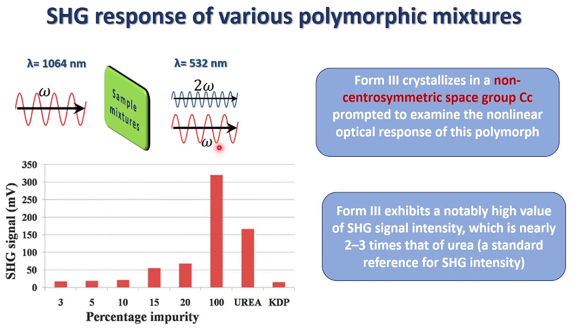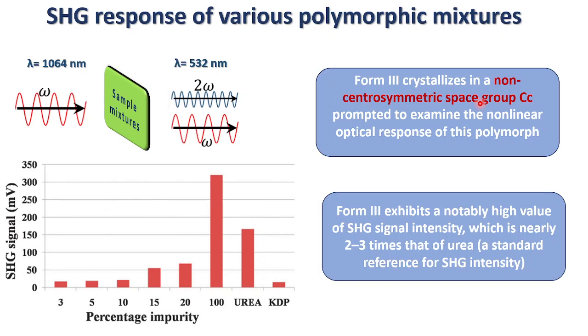Why is second harmonic generation applicable in the case of phenobam? Because the impurity, form 3, crystallizes in a non-centrosymmetric space group.